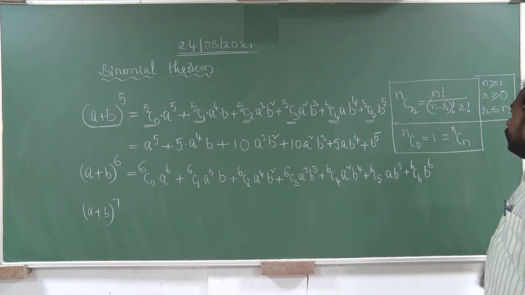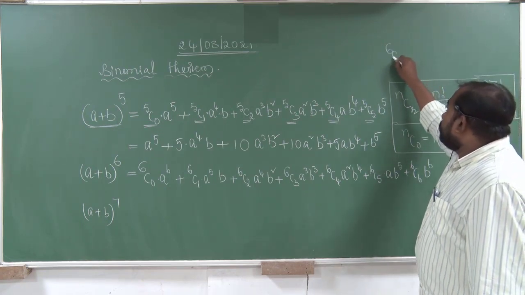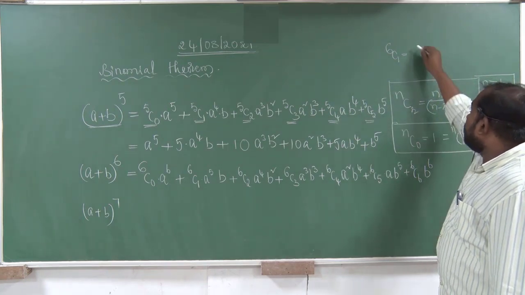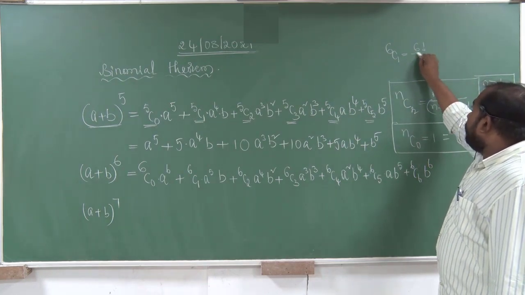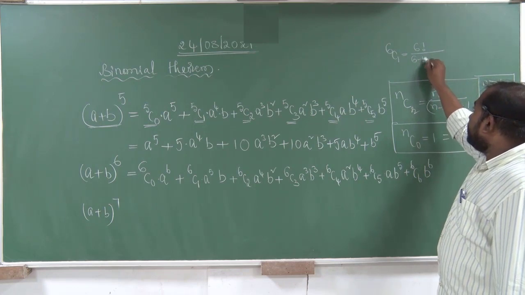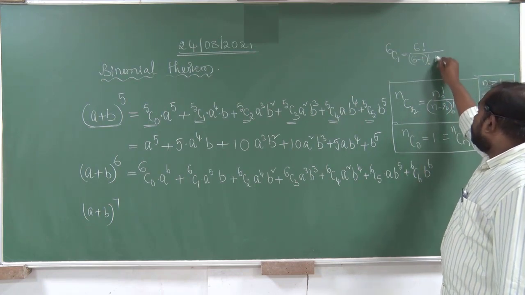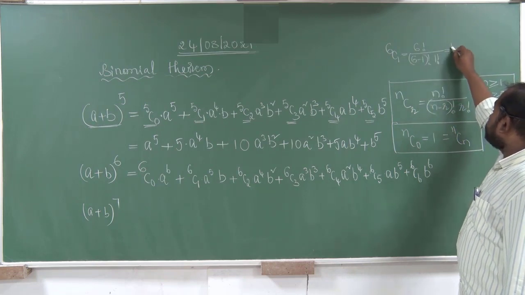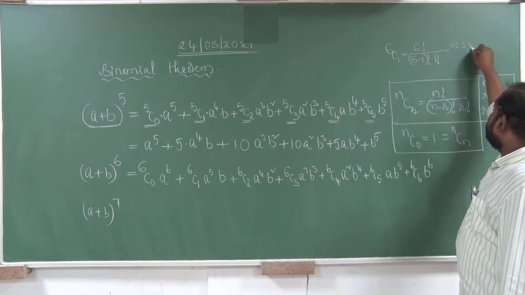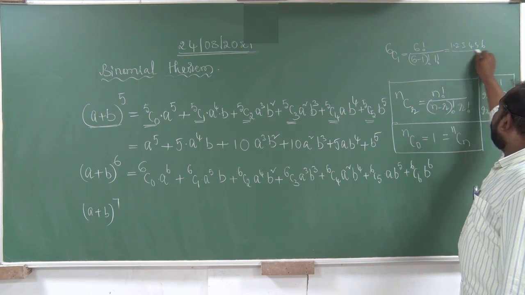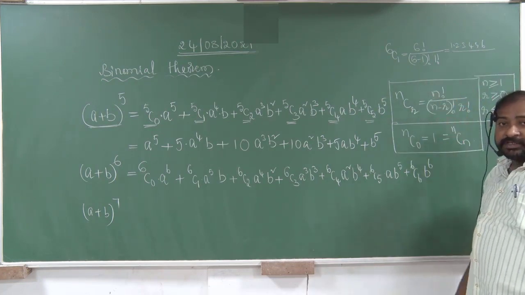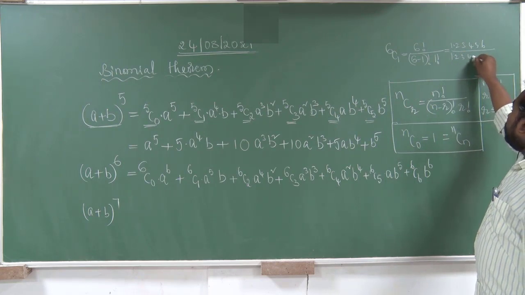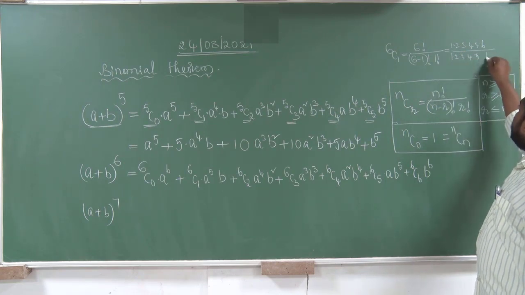Then 6C1. What is the 6C1 value? Cross check one time. 6C1 is equal to, according to this formula, 6 factorial by (6 minus 1) factorial into 1 factorial. 6 factorial means 1, 2, 3, 4, 5, 6, by 5 factorial, which means 1, 2, 3, 4, 5, and 1 factorial means 1.